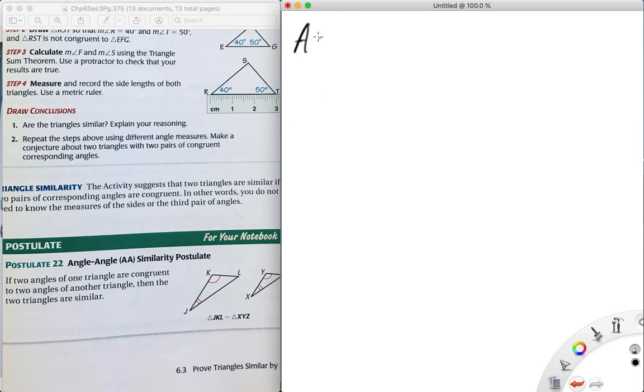This is angle, angle. If two angles of one triangle are congruent to two angles of the other triangle, then the two triangles are similar.